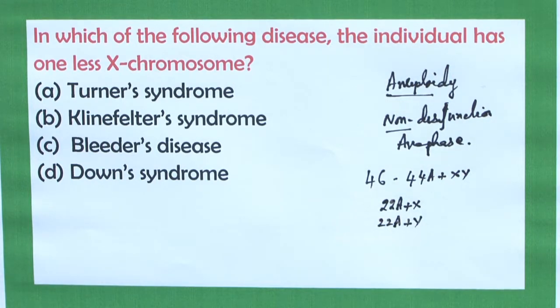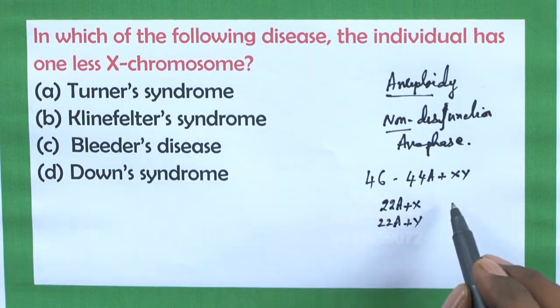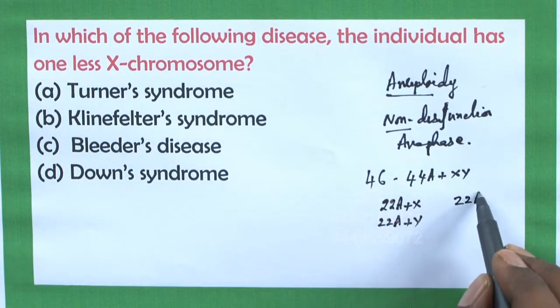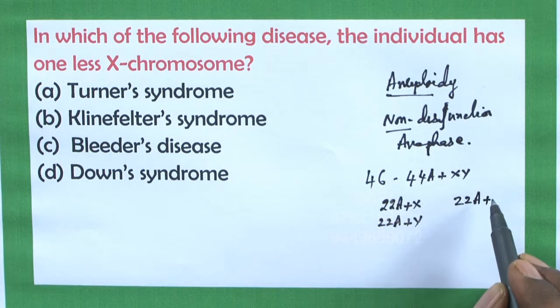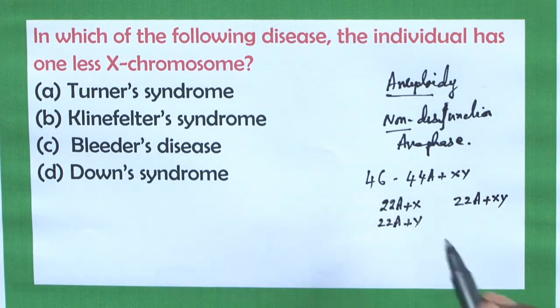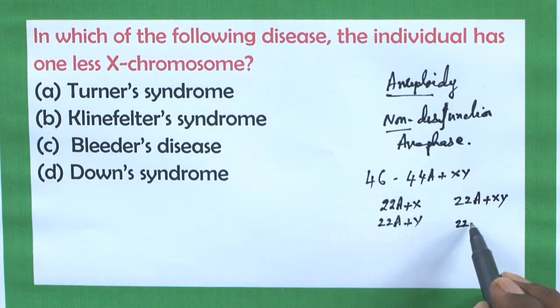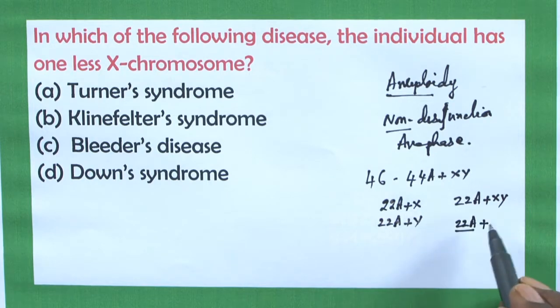Sometimes, because of several reasons, one gamete will receive 22 autosomes and both the X and Y chromosomes, and the other gamete will receive only 22 autosomes and no sex chromosomes.